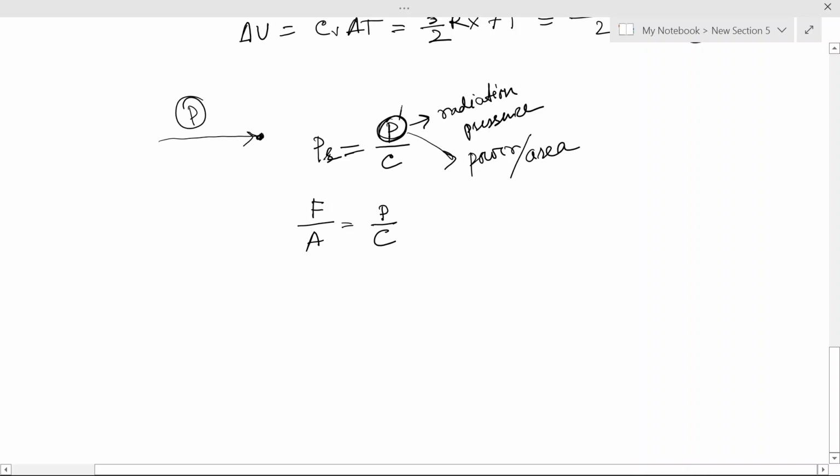So you can write it as P prime. According to the question, it is given as total power. So P is equal to P prime into A. Okay, so it is the total power. So we can write P prime is equal to P by A, and we can cancel A, and force is actually power by C on the particle.